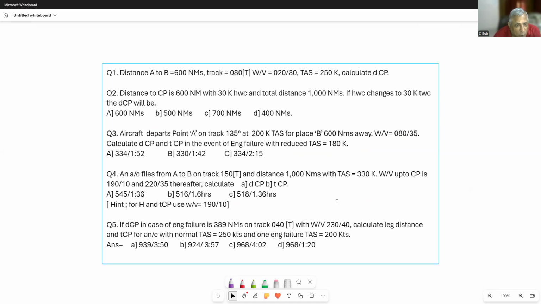Don't use the same outbound which you found out just now. Use fresh outbound ground speed using this wind velocity up to critical point. So you got the distance of the critical point. With this ground speed, calculate wind velocity, find out ground speed outbound, and you will have your answer.